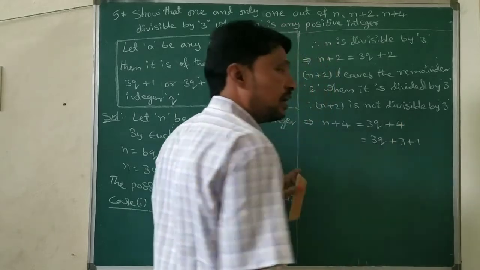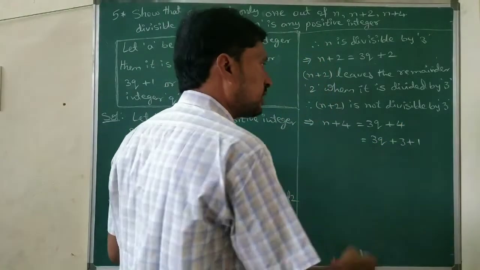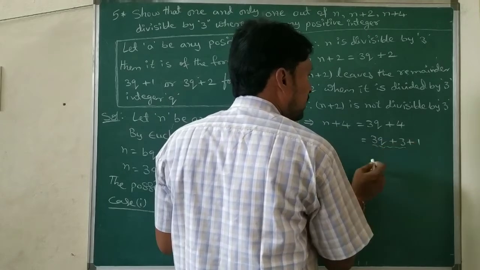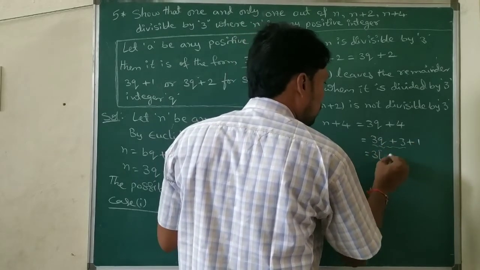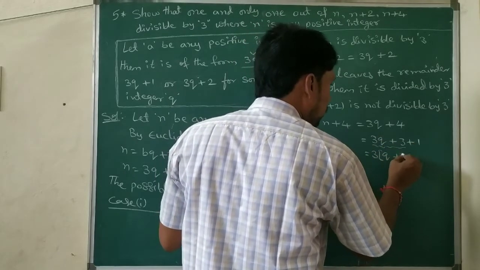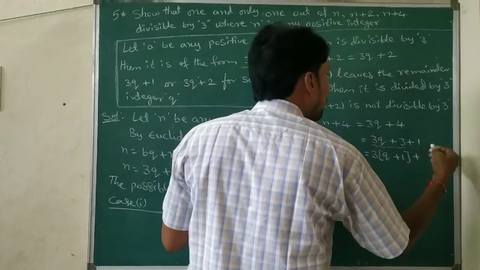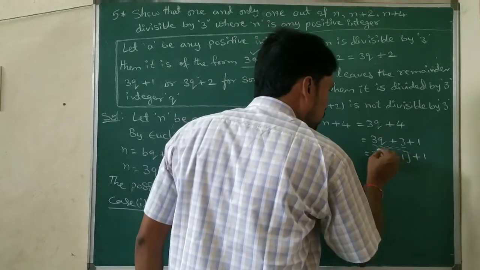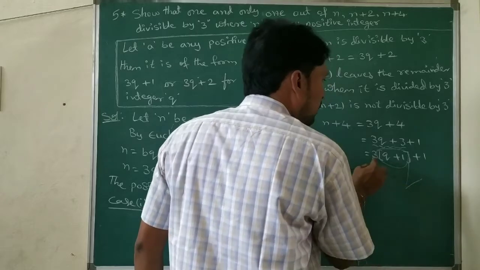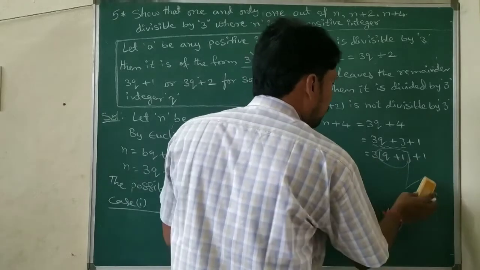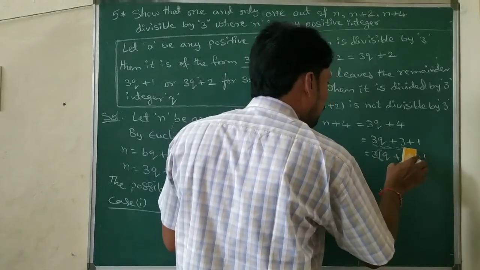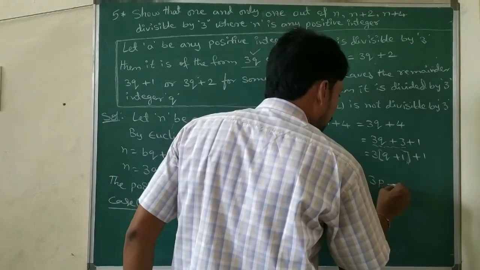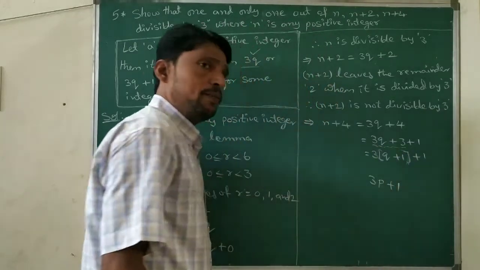In the first two terms, 3q plus 3, I take 3 common, means 3 times q plus 1, and the bracket outside 1 as it is. So it is in the form of 3q plus 1 type only. Here q plus 1 we can take as some integer, for example p, so 3p plus 1.